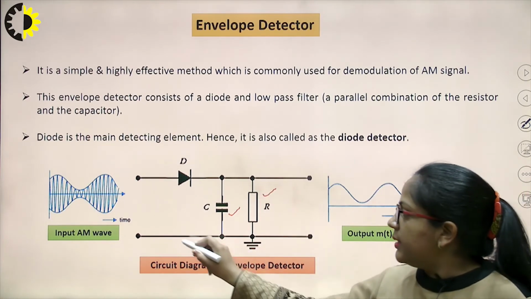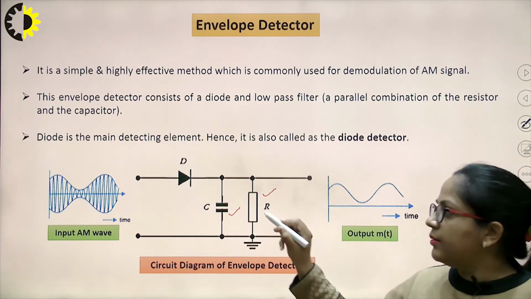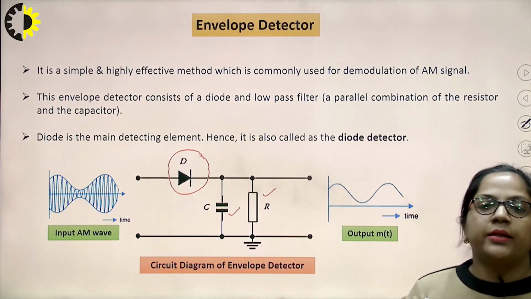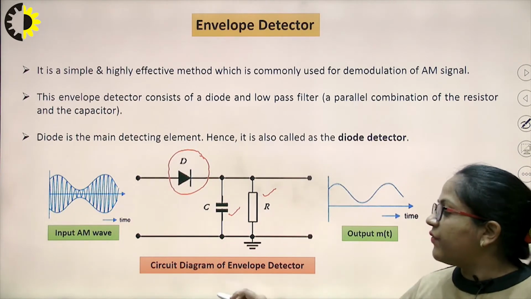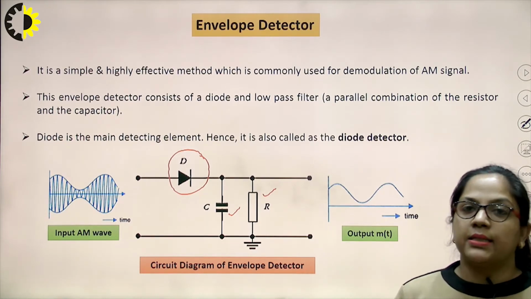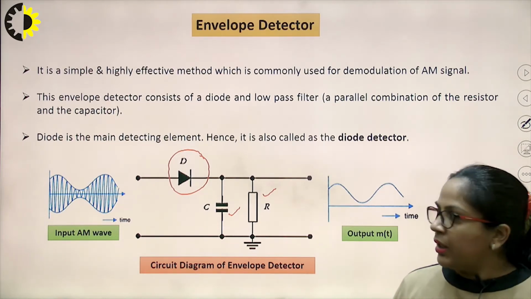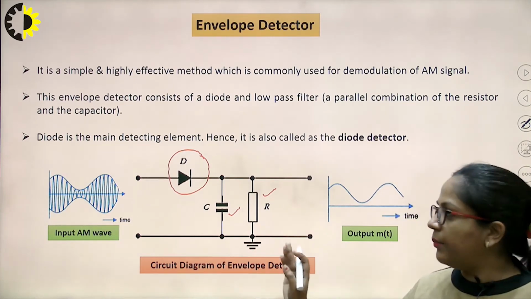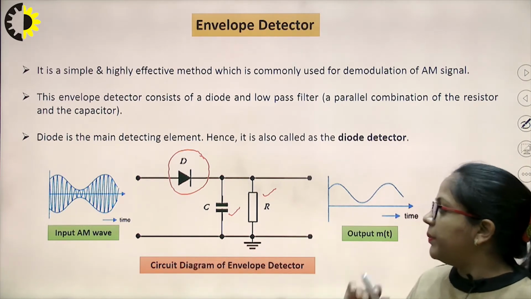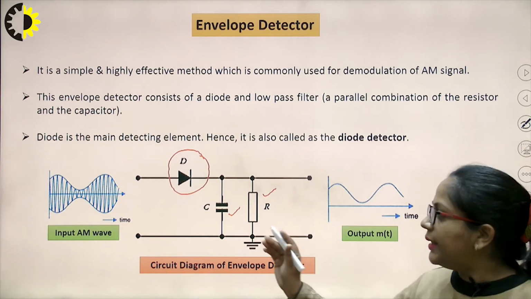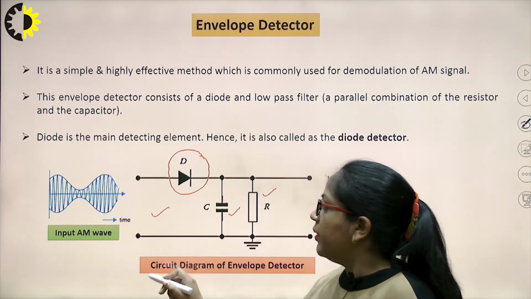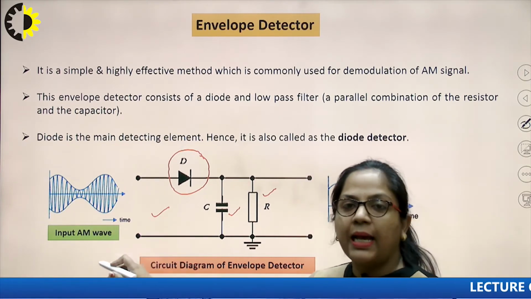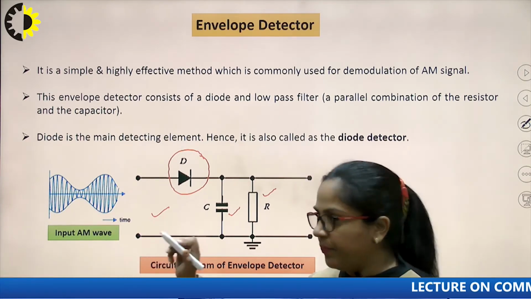Here in this circuit of envelope detector, this diode is the main detecting element. So that is why sometimes this envelope detector is also called a diode detector. The logic behind the detection of message signal with the help of this envelope detector is, at the input of this circuit we apply our input AM wave, that is amplitude modulated wave.